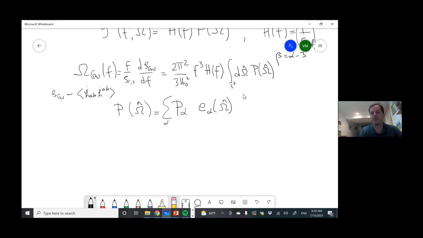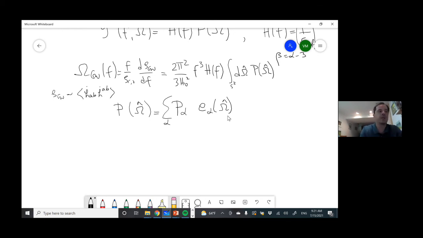The summation over alpha is assumed over repeated indices. So e_alpha are some functions. They could be pixels, they could be spherical harmonics, or any other basis of functions on the sphere. So what we're doing is just decomposing this function P of omega in terms of that basis.